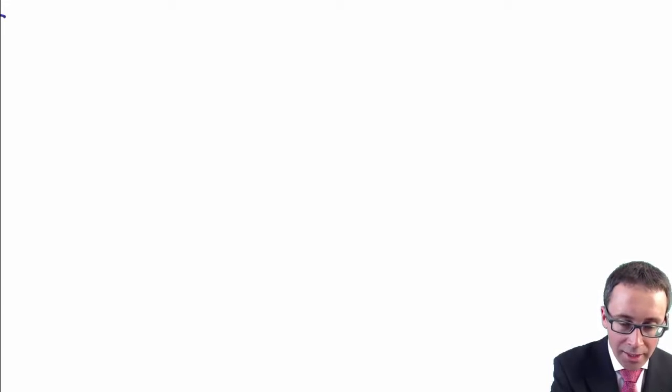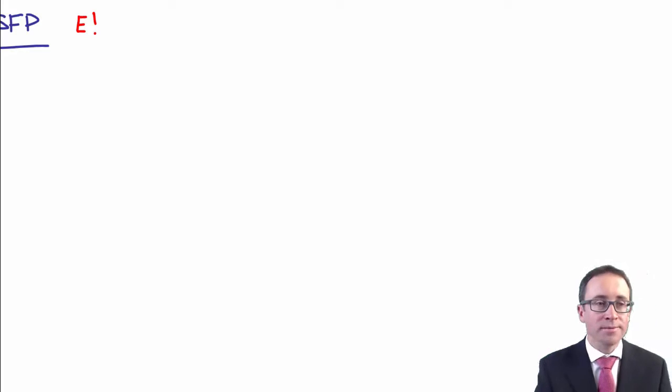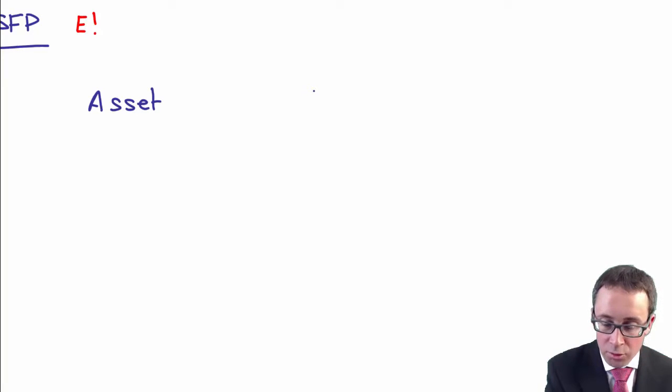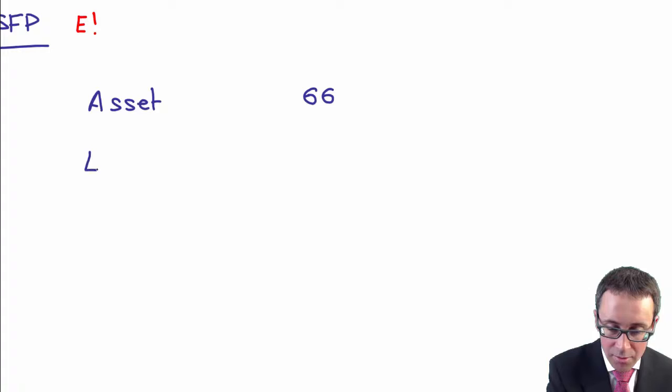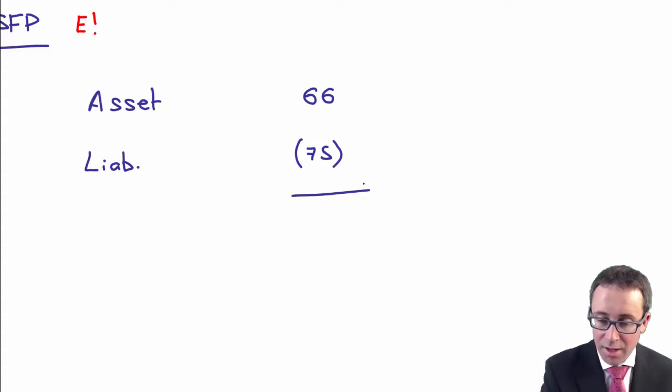Okay, so let's start off first of all with the statement of financial position. Why? Because it's easy. You go through there, don't you? Take the fair value of the asset, which was quoted as 66. You then look at the liabilities, which was, I think, 75.